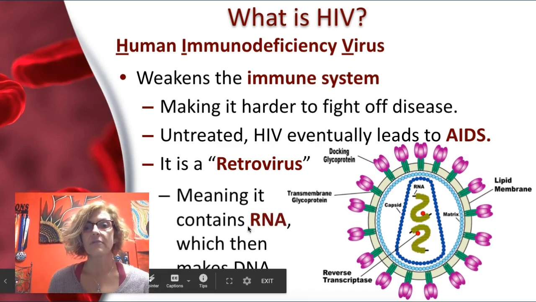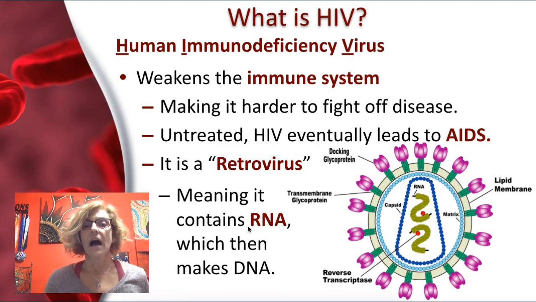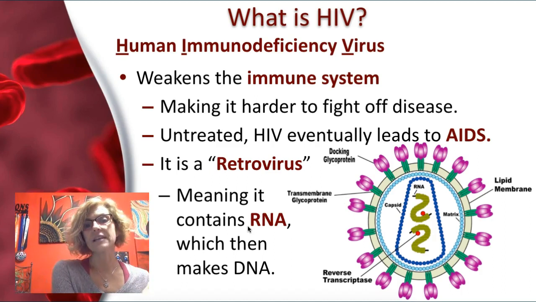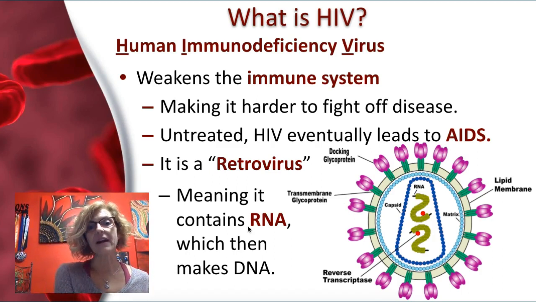RNA viruses do the same, but with an added step. RNA viruses have to transcribe backwards. They need an enzyme called reverse transcriptase to make DNA. And then from there, DNA will make RNA, and RNA will make proteins.